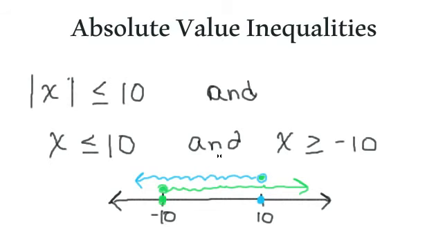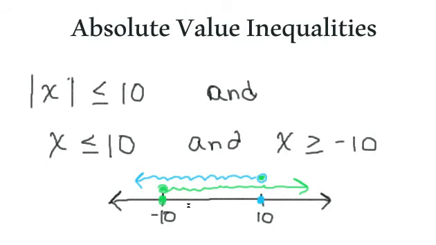Okay, we're using the word and. So that means when we pick a number, it must satisfy both this inequality and this one. In other words, if I were to pick 11 and plug it in over here, the absolute value of 11 is 11, and 11 is not less than or equal to 10.